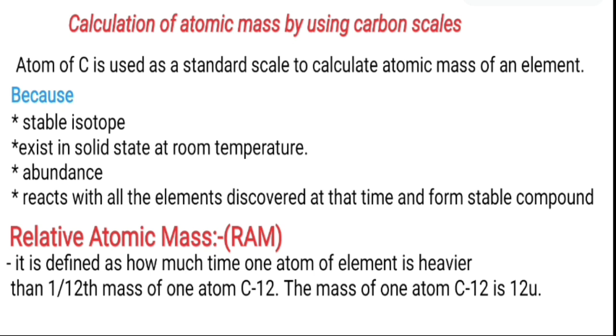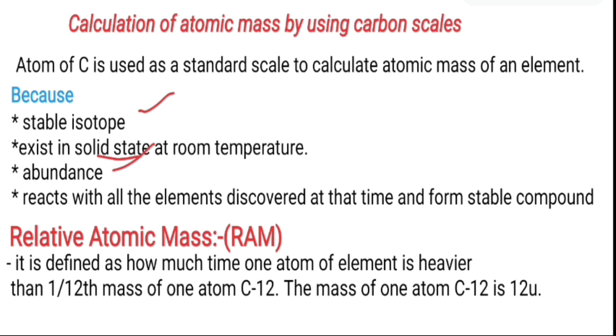What is the reason behind choosing it? Carbon 12 is a stable isotope. It exists in a solid state at room temperature. It's available plentifully, and it reacts with the elements discovered at that time and forms stable compounds.